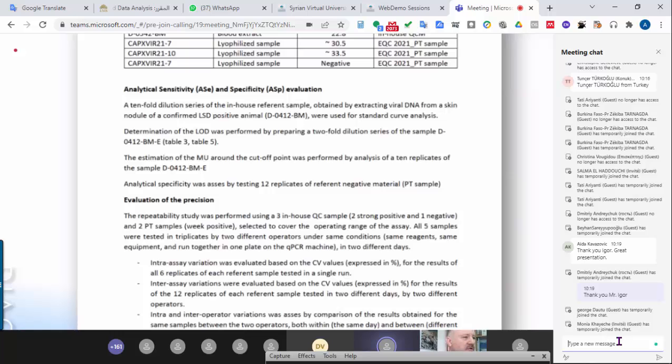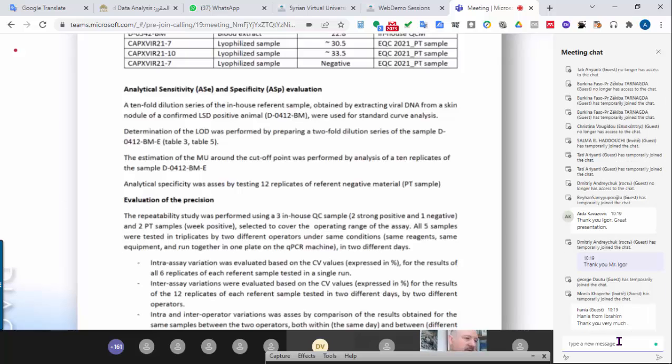Yeah, I just explained here that in this particular study we used the samples that were available in the laboratory at the time. We used these in-house samples, which are not, let's say, perfect, and I'm not sure of their actual true value.